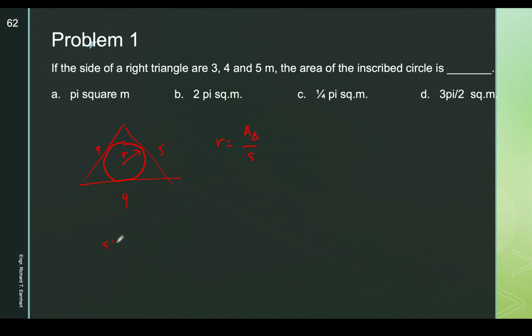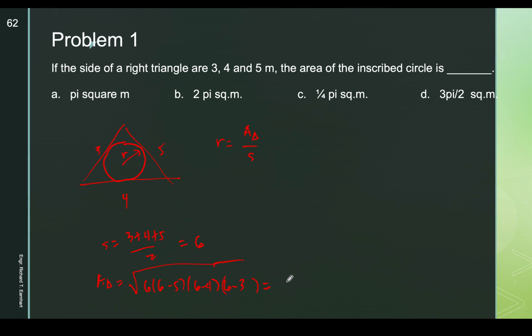So the semiperimeter is 3 plus 4 plus 5, divided by 2, is 6. And by Heron's formula, you can compute for the area of the triangle. So that will be the square root of 6 times (6 minus 5), (6 minus 4), (6 minus 3).